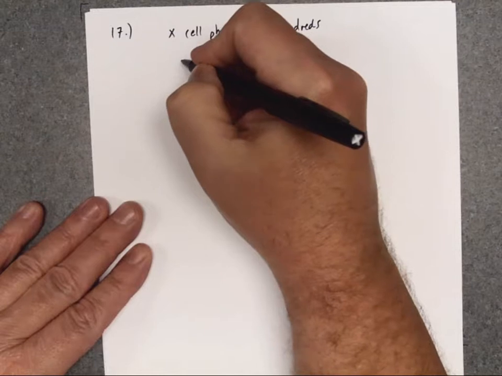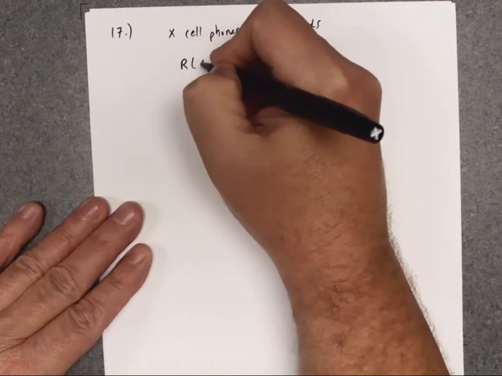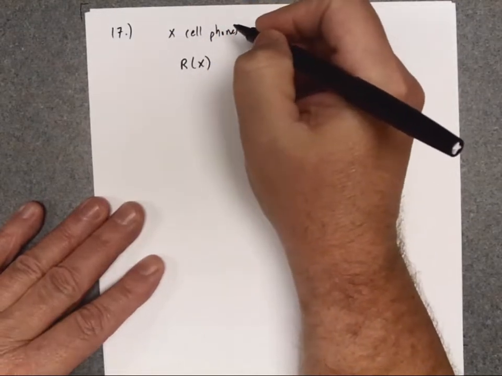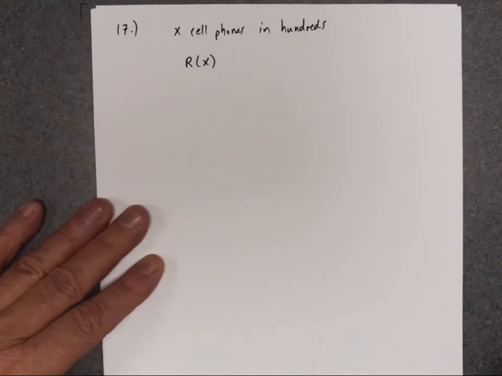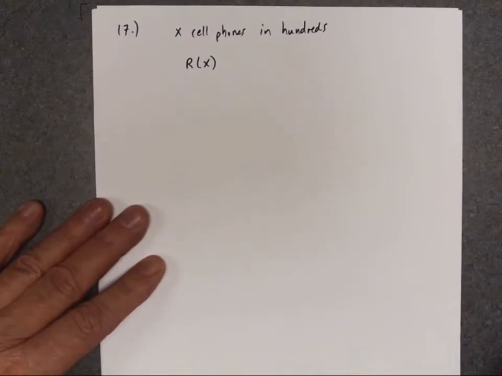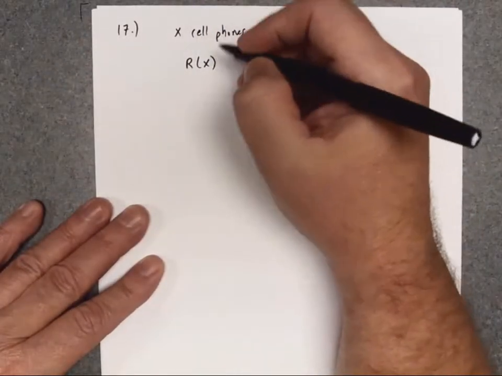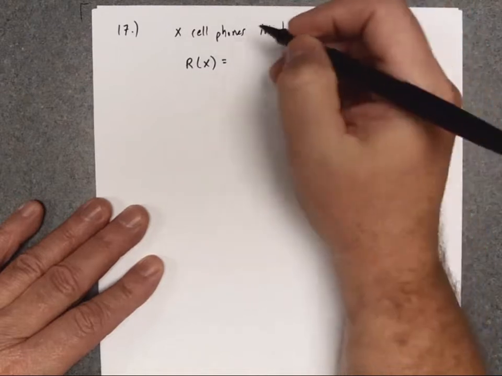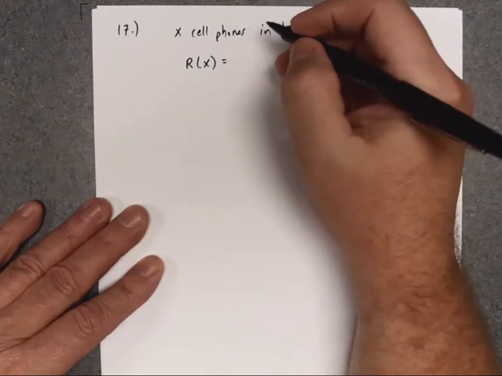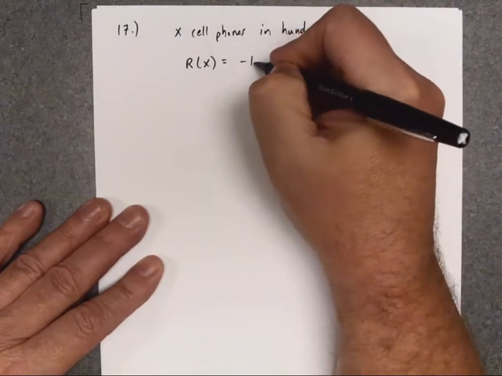Let me just go ahead and write the equations for the revenue. The revenue is how much money they bring in from selling the phones. So here's an equation that'll tell us how much money is brought in when they sell the phones.